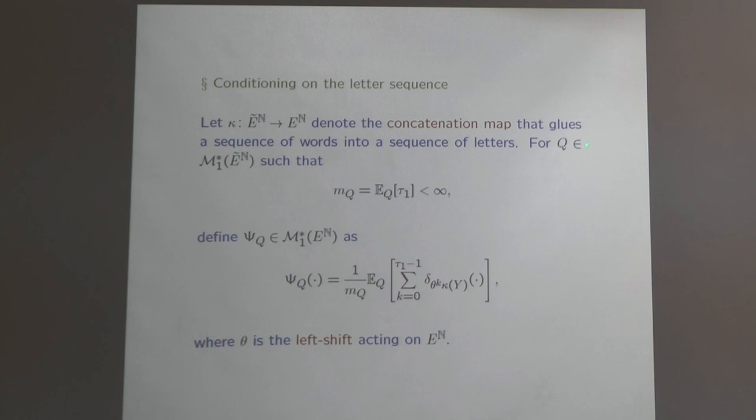Now if you give me any probability distribution Q that is invariant under the shift on the word space, such that the words have a finite mean length, this is not always the case, but suppose it is, then I can define basically a distribution on this sequence of letters by concatenating the words. Now, if I concatenate words that I've drawn randomly, your first reaction would be, when you do that, you automatically get also a shift invariant letter sequence.